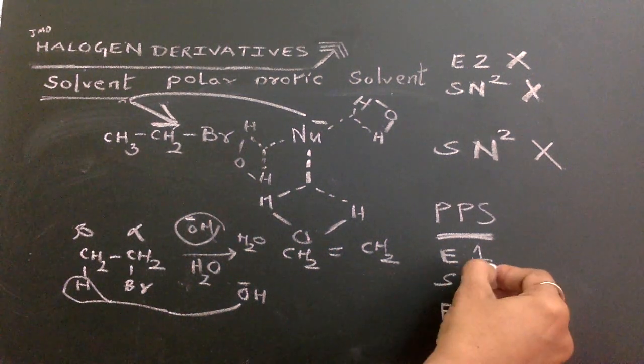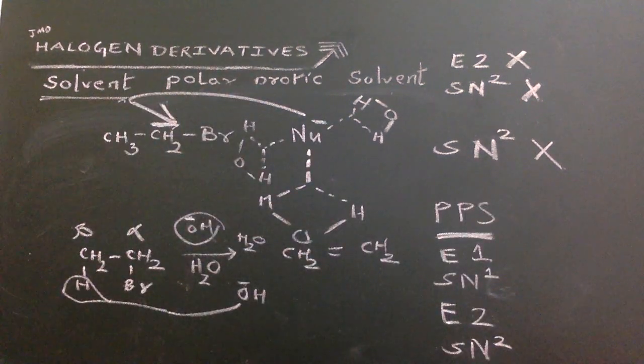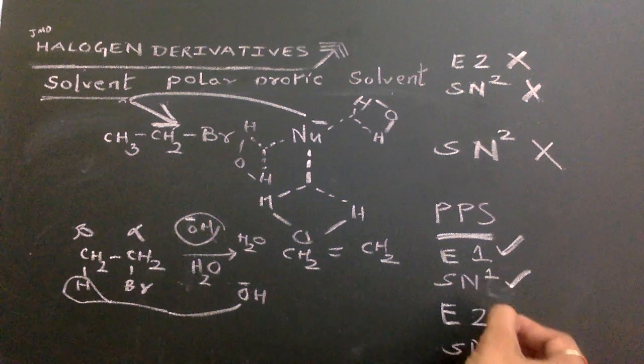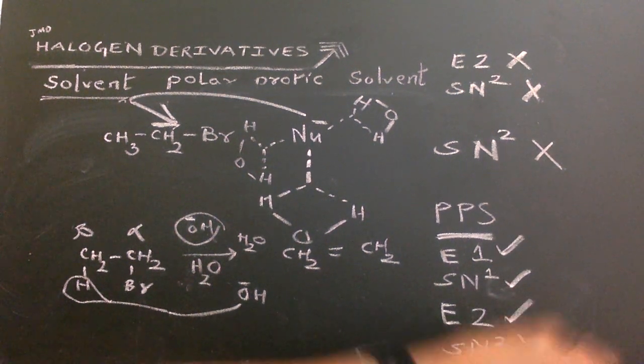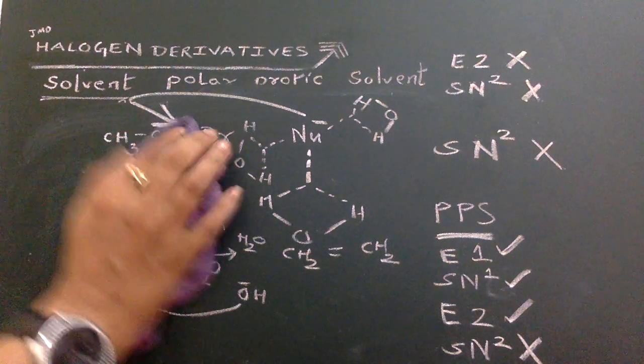That is, writing again, just be attentive, a polar protic solvent will favor E1, SN1, E2, but not SN2 reaction. I hope students it's clear till here. We have come a long way in the lecture, really long way, little more to go. Let us proceed.